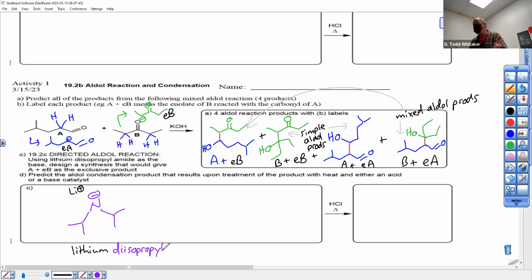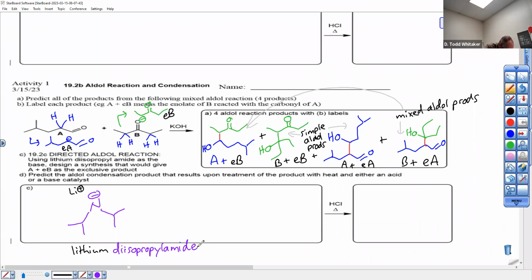If you say amide, then you've got carbonyl on your brain. Amides have a carbonyl. It's one of those English words, like I'm going to polish my Polish furniture. Same spelling, it's a different word. Lithium diisopropyl amide. It's spelled amide, but really this is the conjugate base of an amine. Okay?